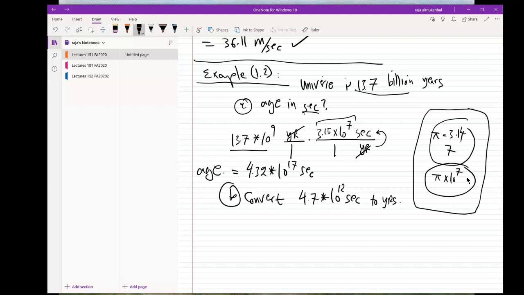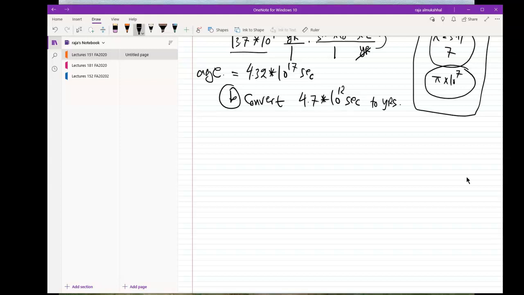Okay, so we do the same thing. I'm just going to write down this number. So I have here 4.7 times 10 to the 12 seconds over 1, and I'm converting the seconds into years. So the seconds on the top, I'm going to put to the bottom. Okay, same thing. That's years.